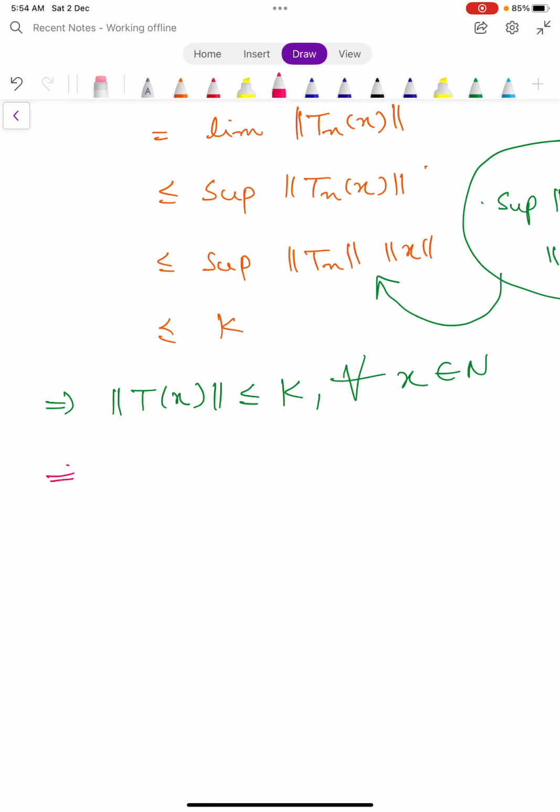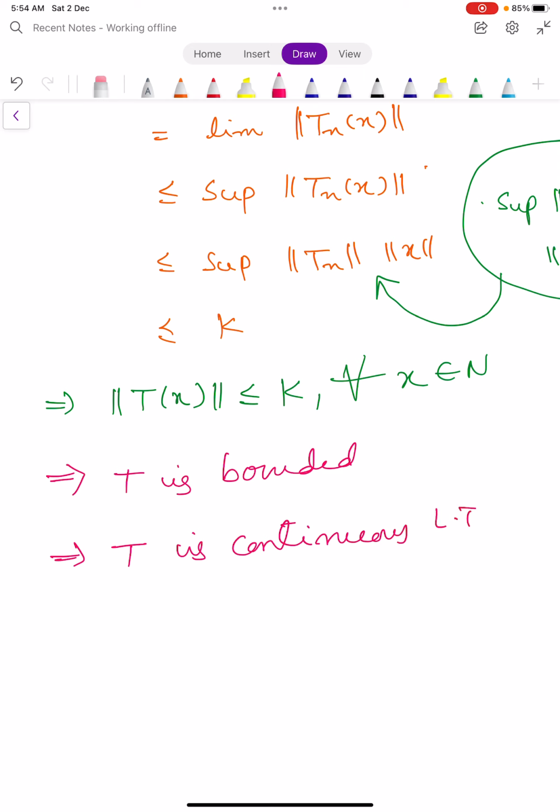This condition implies that capital T is bounded. By the previous theorem, a bounded linear transformation is always continuous. Therefore, capital T is a continuous linear transformation. If capital T is a continuous linear transformation, capital T belongs to script B of N comma N dash.